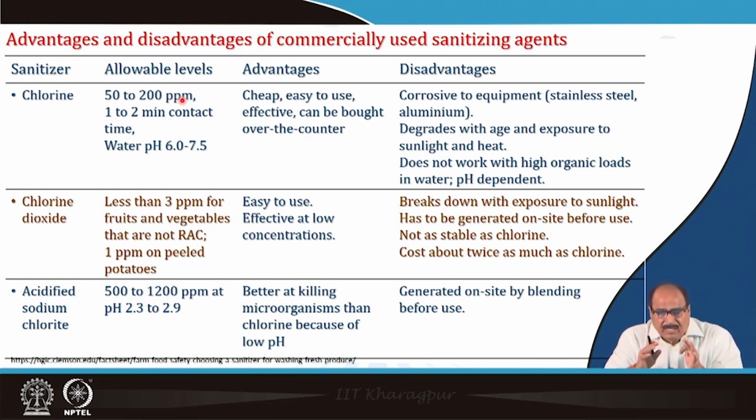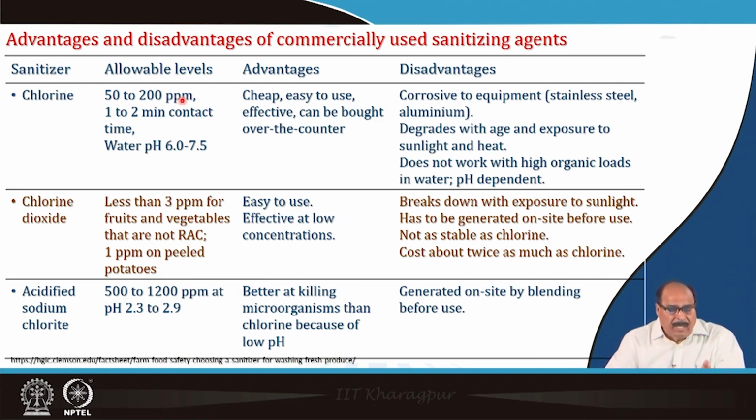It is cheap, easy to use, effective and can be bought over the counter, but it has the disadvantages of being corrosive to the equipment. It degrades with age and exposure to sunlight and heat, and does not work with higher organic loads in water. It is pH dependent.